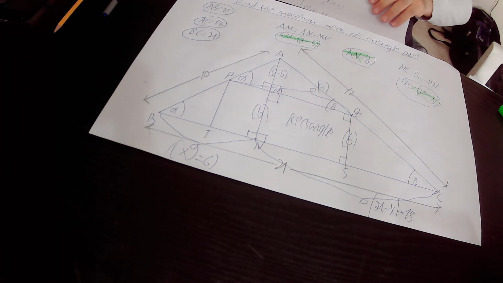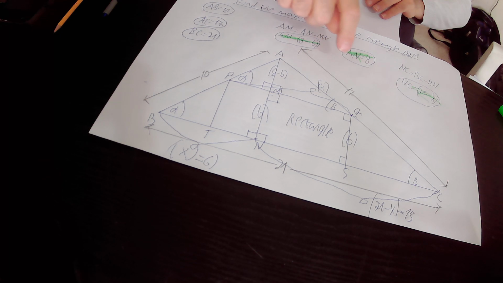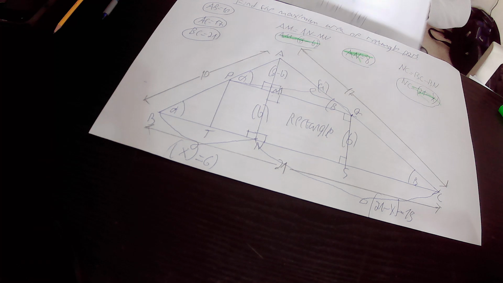So the area is the dependent variable, and B, the width, is the independent variable. By determining the value of B, we determine the value of the area.